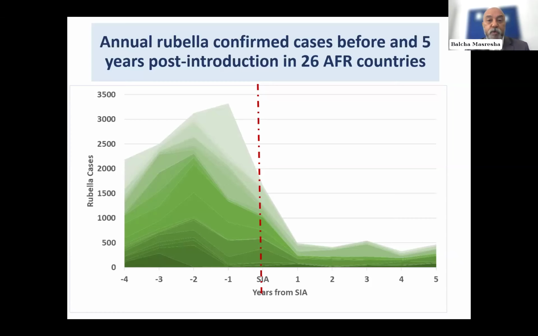So what we normally do is a wide age range mass campaign, routine introduction, and then periodically every 3 to 4 years on average, countries do a mass vaccination campaign with MR vaccine targeting under 5 children. As you can see, there is a significant decline in the number of rubella cases reported for up to 5 years post-introduction.